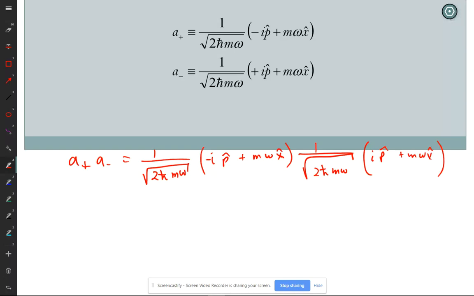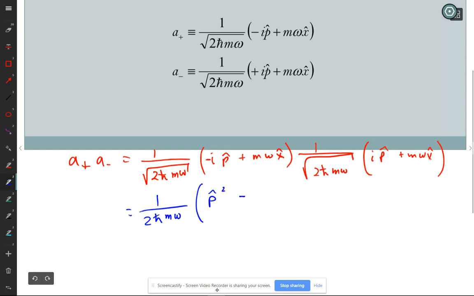So there's writing it out. Now I just have it written out with operators. And now when I multiply, remembering that they're operators, the order of the operators is important. So this is equal to, factor out what we can. I times I is minus 1, so minus i times plus i is plus 1. P operator squared.